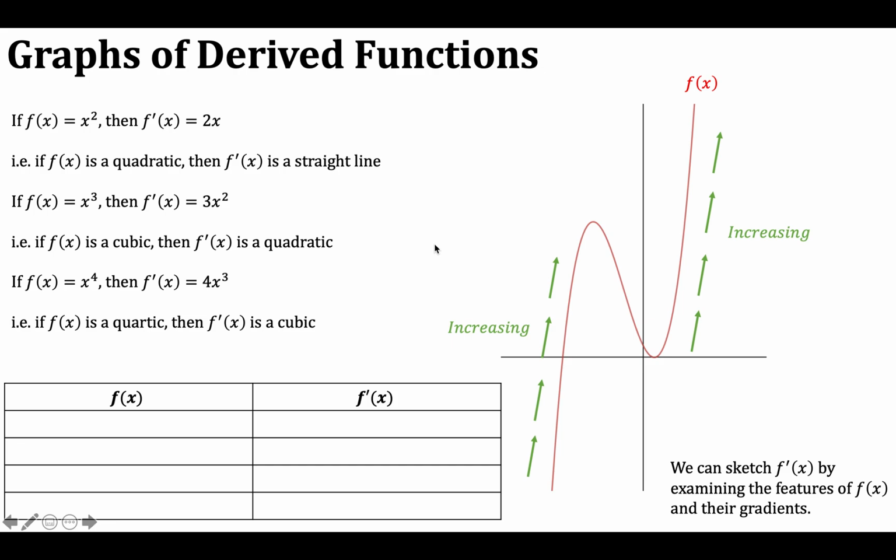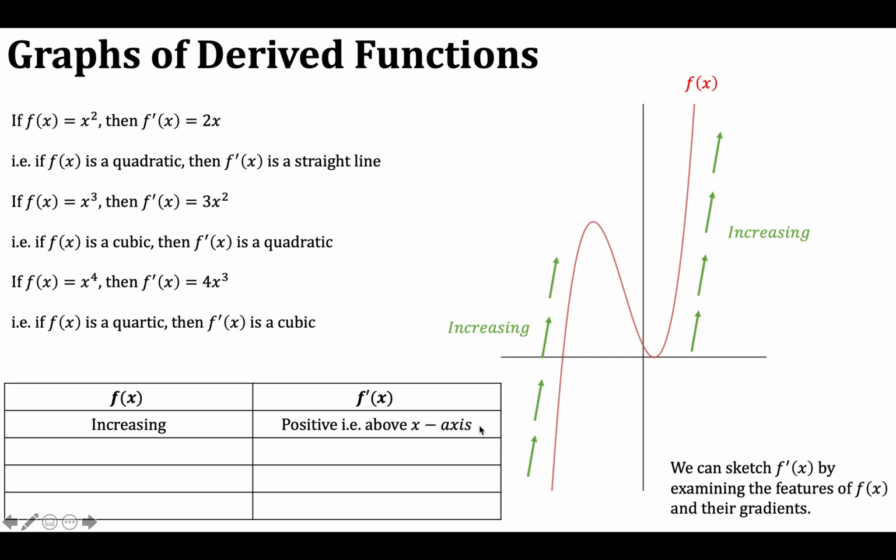We can see here we've got areas where the graph is increasing. And when the graph is increasing on f of x, that means that the gradient, f dashed of x, is positive. So when we draw the graph of the derivative, this area from negative infinity up to this turning point will be above the x-axis.